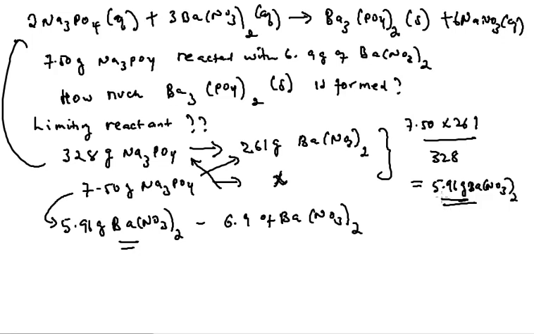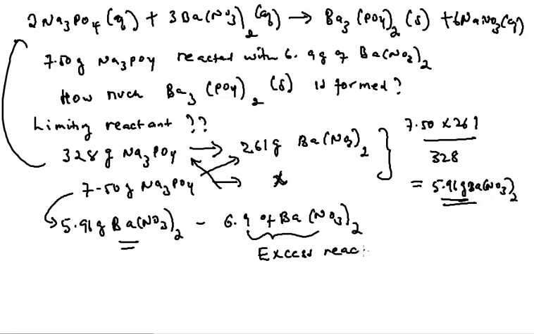But what was given to us was 6.9 grams. It's a little bit over what we needed. So in this case, barium nitrate is going to be the excess reactant.